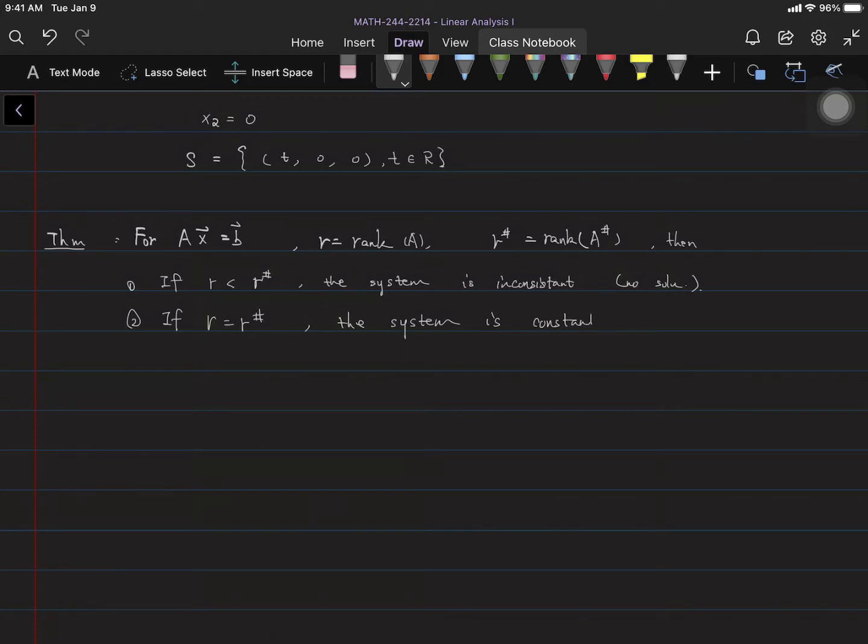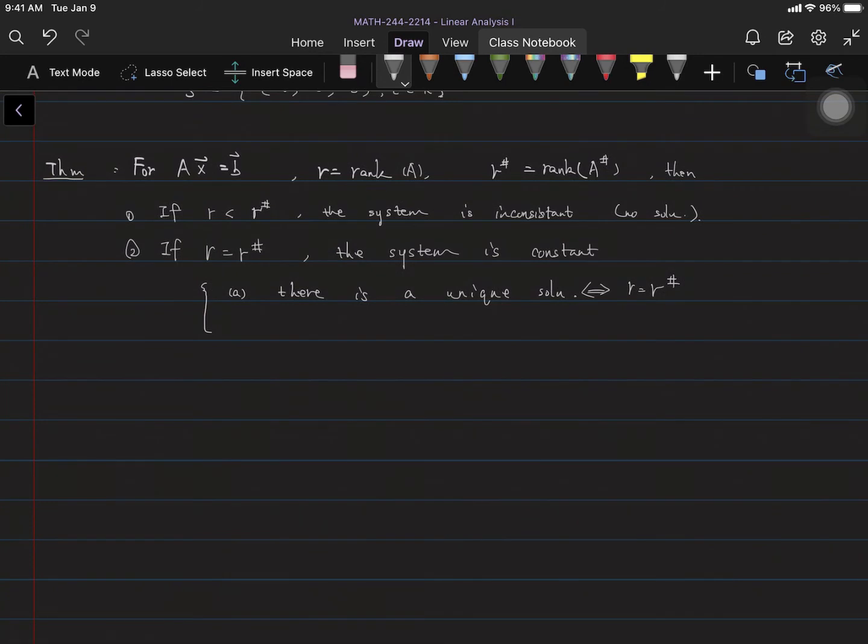And when it's consistent, it may have a unique solution, it may have infinite solutions. So case A, there is a unique solution if and only if r equals r-bar equals n.